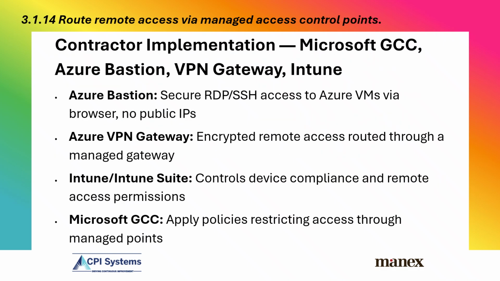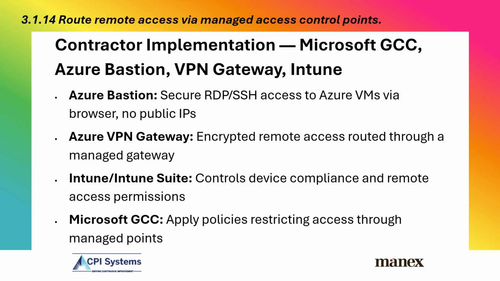Okay, contractor implementation with Microsoft GCC, Azure Bastion, VPN Gateway, and Intune. For routing remote access by managed access points, Azure Bastion secures RDP, or Remote Desktop Protocol, and/or SSH, or Secure Shell, access to Azure virtual machines by way of a secure browser.